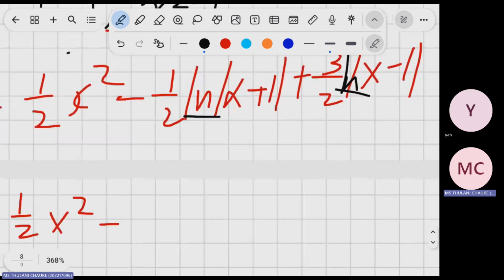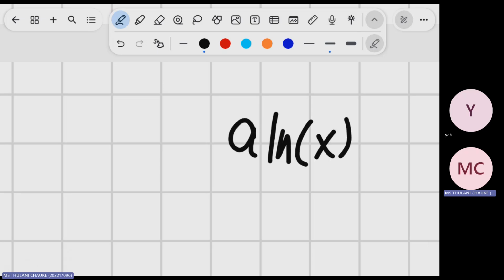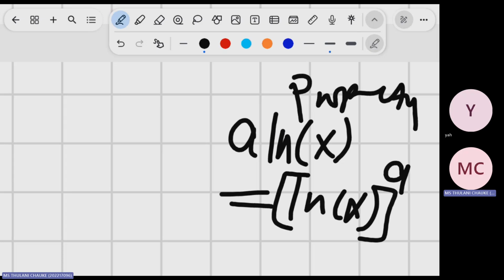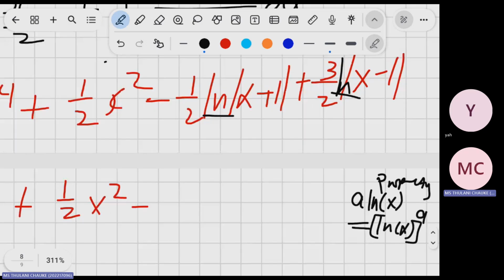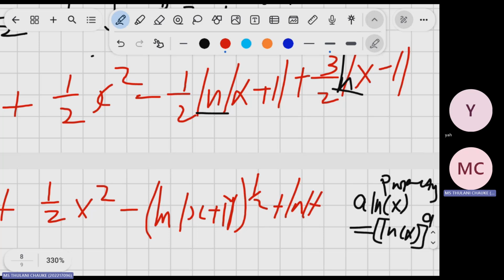Oh, and by the way, remember that if you have ln, let's say you have a constant a here, a ln x is equivalent to the ln of x to exponent a. This is a property. So because of that, I can simplify and say I have the ln(x+1) to the power of negative 1 over 2, plus the ln(x−1) to the power of 3 over 2.